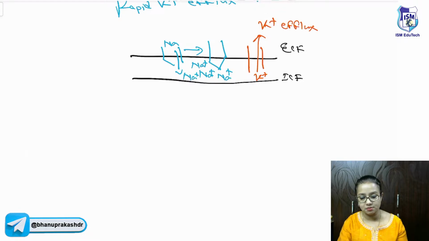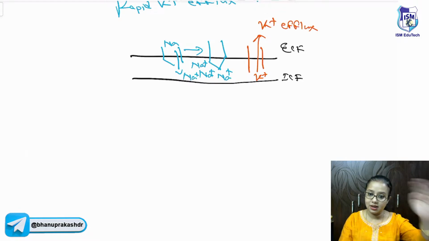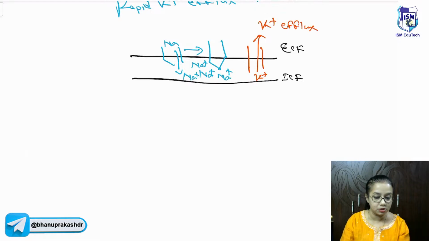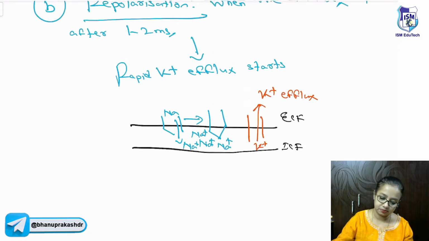Na plus has entered, made the cell more positive, and we get the upward spike. As soon as it touches the maximum level, the sodium channel closes, but there is too much positive charge in the cell. So how to get rid of the positive charge? Sodium gates are closed, so sodium can't go out. So potassium now starts going out and gets rid of the excess positive charge. That is potassium efflux. As simple as that.